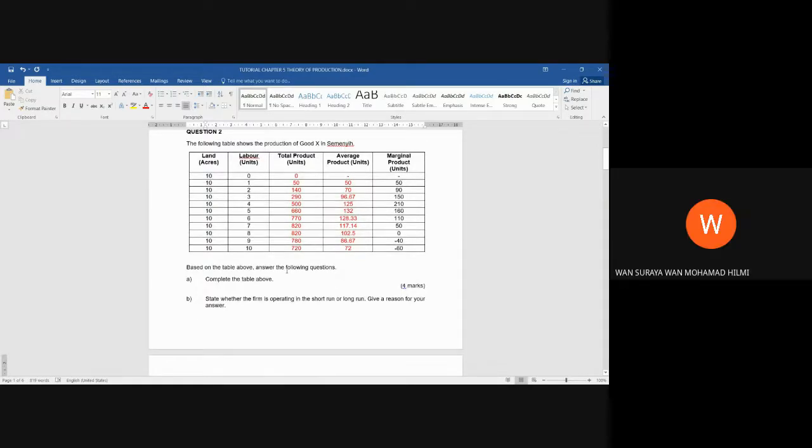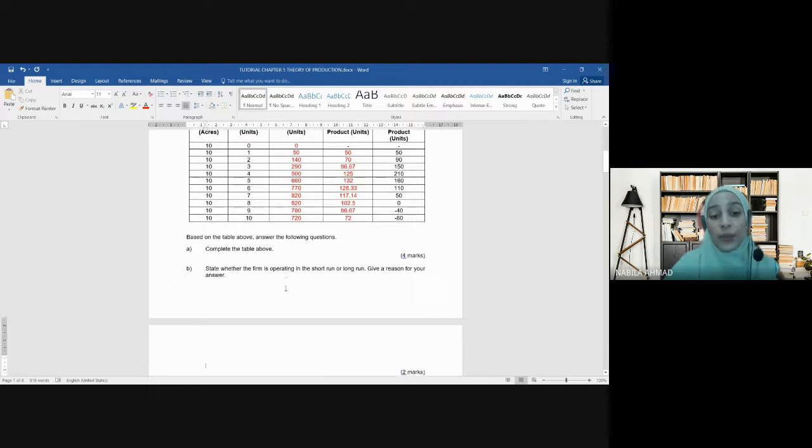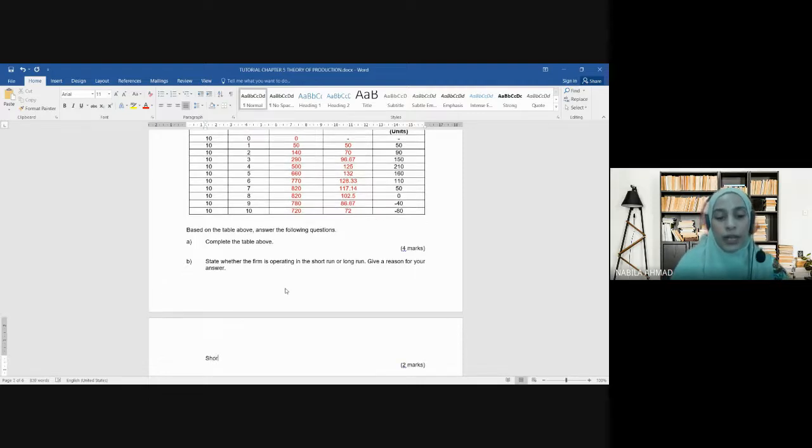Short run. Okay, kenapa short run? Fixed input. Because there is fixed input, ya. So kita kata short run because there is fixed input. Boleh faham?